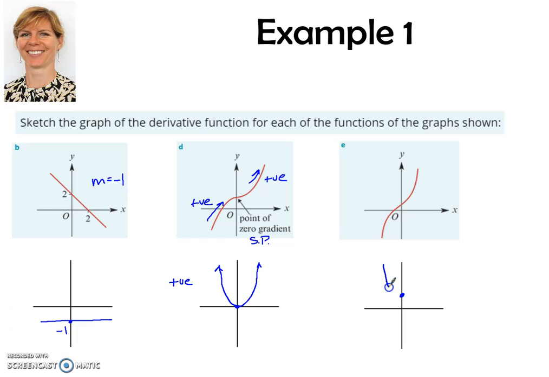Otherwise it's the same thing: positive, always staying positive. So that's positive gradient there, and positive gradient there. A quick sketch like that, you don't really need any values, but you need to be able to sketch what's going on and where your stationary points are and how that relates to intercepts on the derivative function.